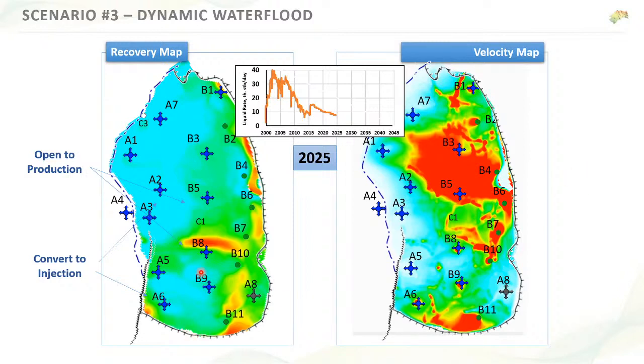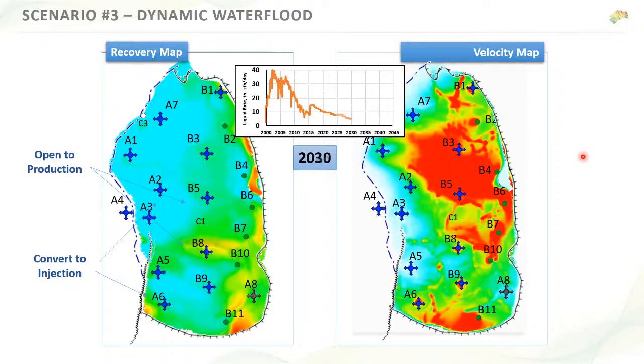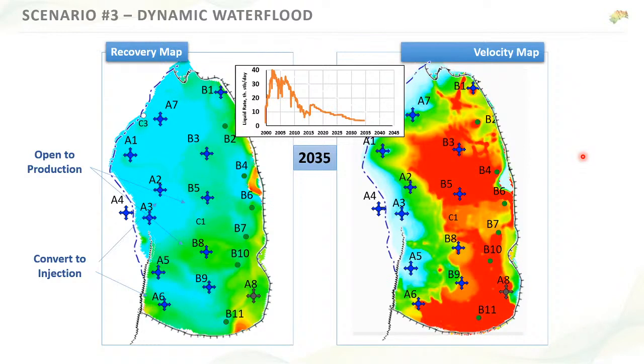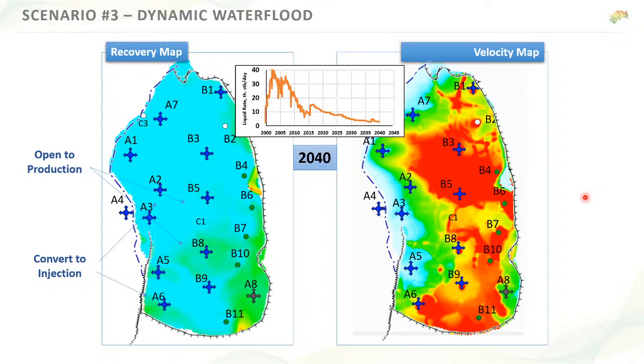But we are getting better recovery from the lower part of the field also, and we are mobilizing fluid from the lower part of the field. You can see that our velocities are quite even on both the upper and the lower part of the field, and our production is still quite good compared to the other scenarios.